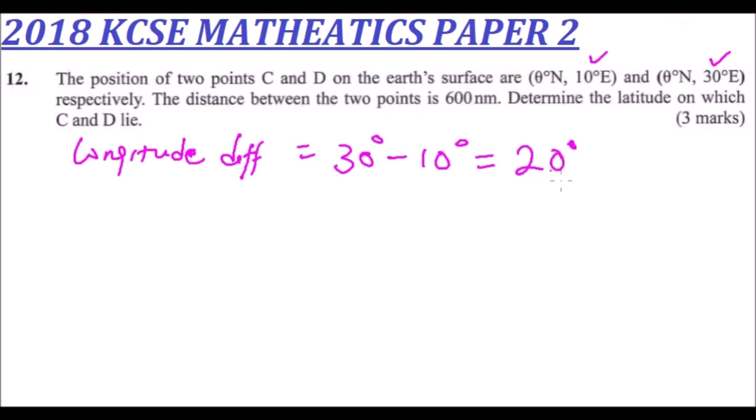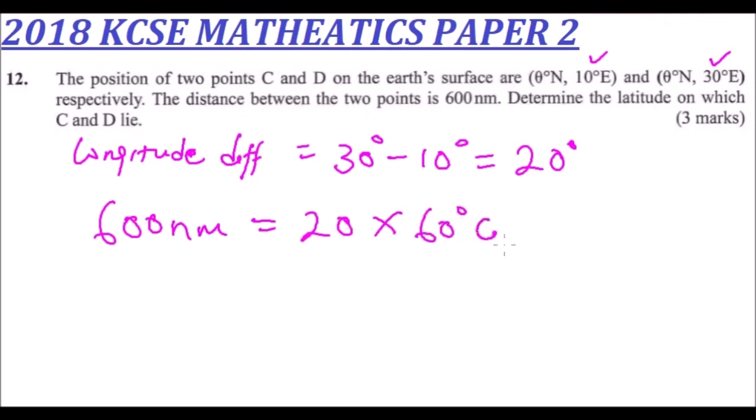So because we have been given the distance in nautical miles, you say 600 nautical miles is equal to the longitude difference, which is 20, multiplied by 60, times the cosine of theta.